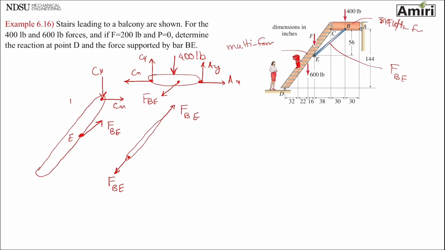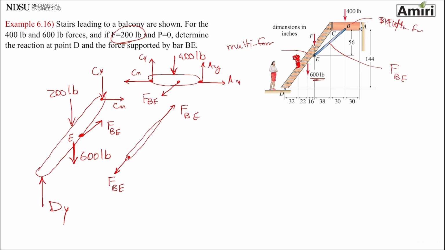Moving on, I have a force of 200 pounds, force F, that's given in the problem. And lastly, oh, I have another 600. I did not even see that. So 600 pounds. And lastly, I have a roller, which is a dy.